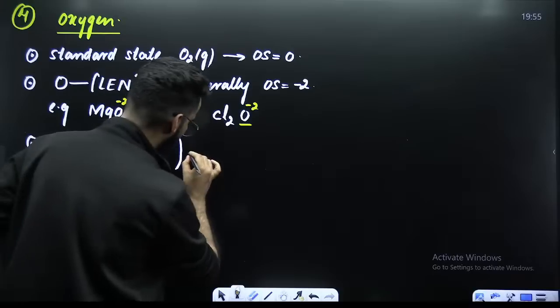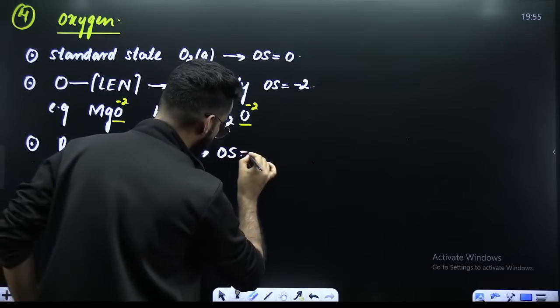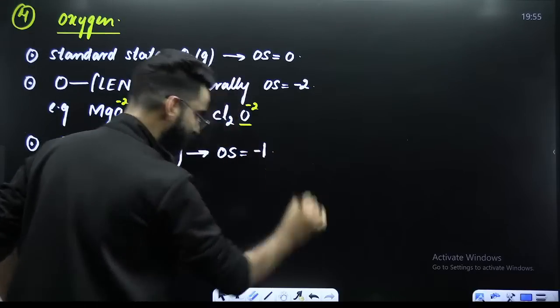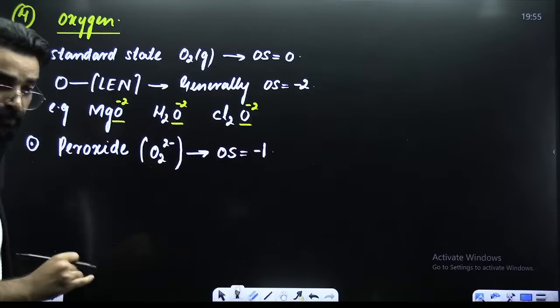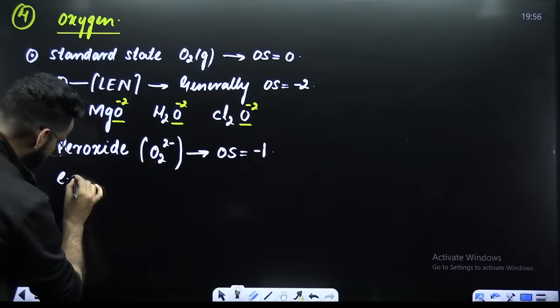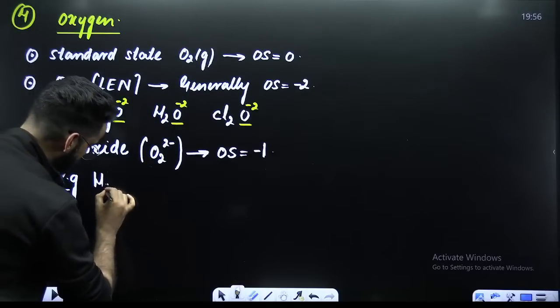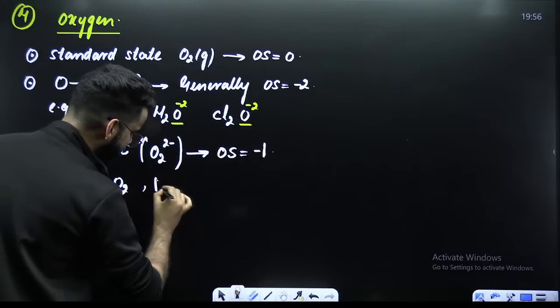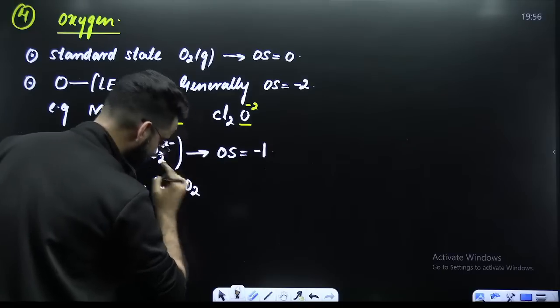And whenever oxygen forms the peroxide, oxidation state of oxygen will be generally taken as -1. For example, one of the most common examples is your H2O2. Second example you can take is Na2O2, right?